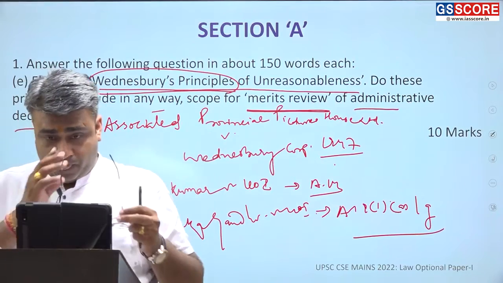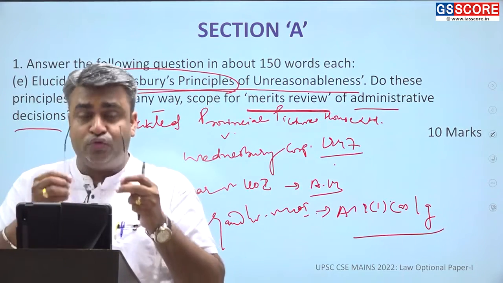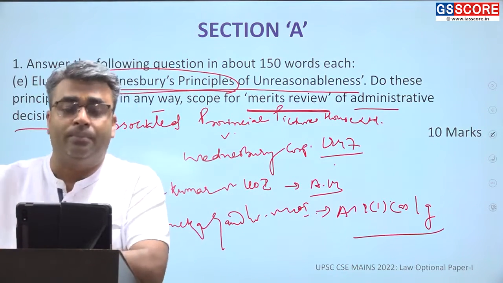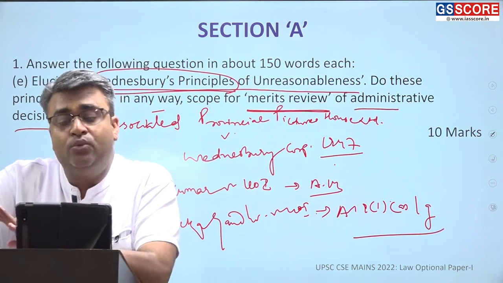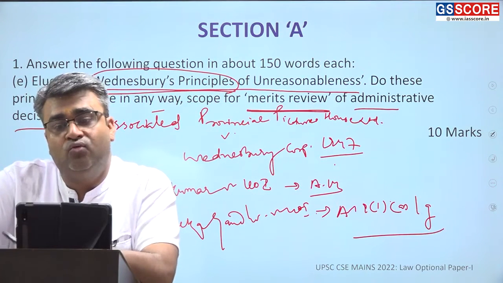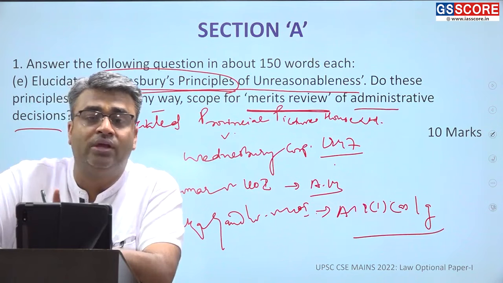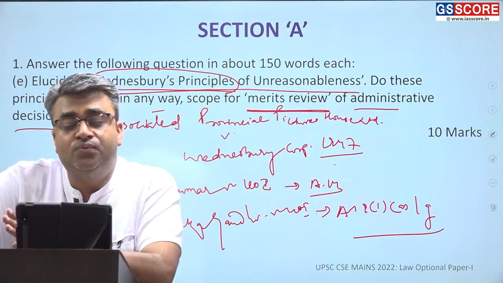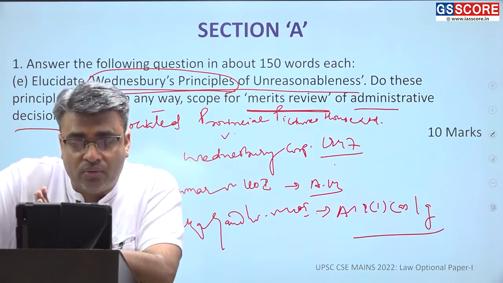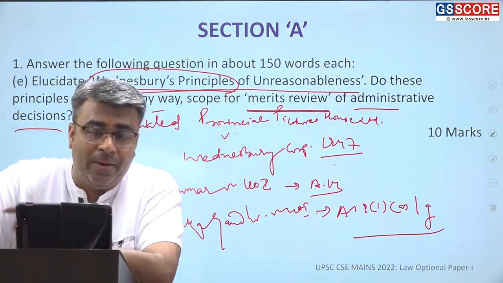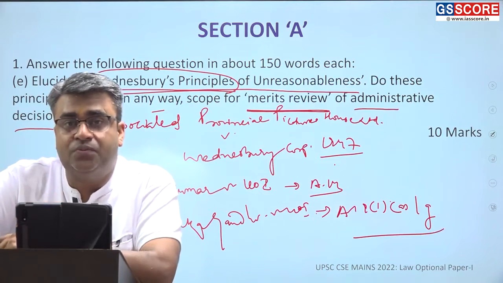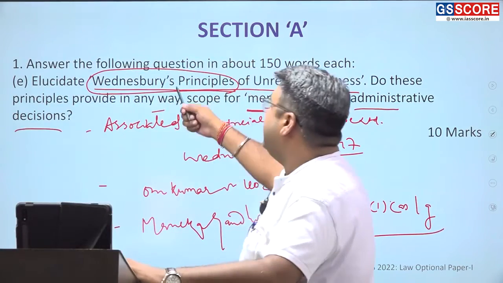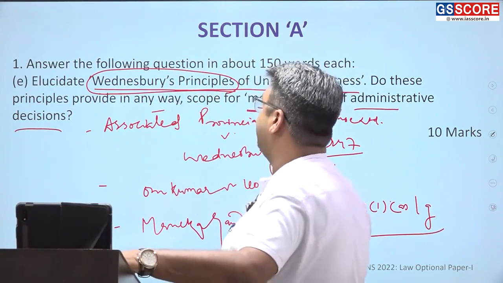Similarly, in Union of India versus G. Ganayuttam, the Supreme Court held that as long as fundamental rights of the citizens are not involved, the principle of Wednesbury unreasonableness would be applied. By quoting such examples and judgments, you have to give the answer to this question, because this is the outcome of the judicial precedents.